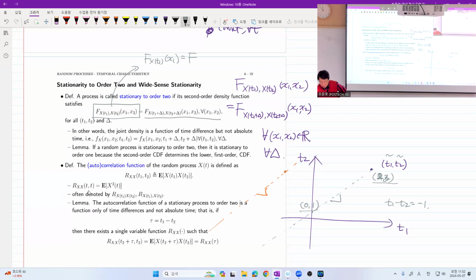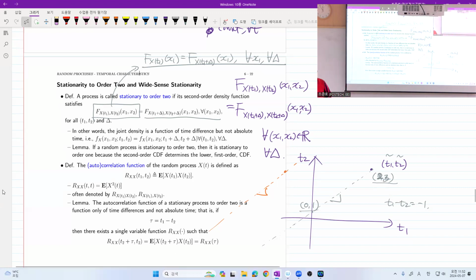F sub X of t1 plus delta of x1 for all x1 for all delta. What does this mean? It's stationary to order 1. Got it?